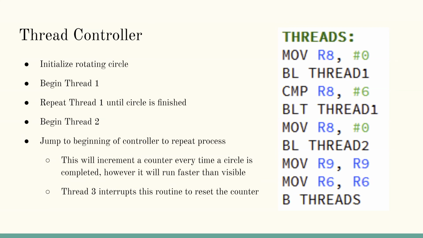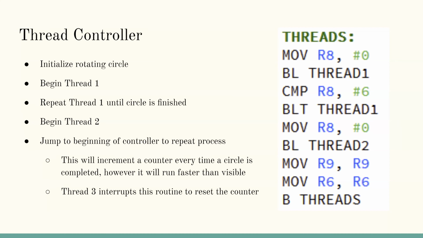But once it does reach 6, we want to reset it back to 0 and move on to thread 2. And that is essentially how we decide when it continues going to thread 1 or thread 2, by deciding where on the rotating segmented display to complete a full circle.